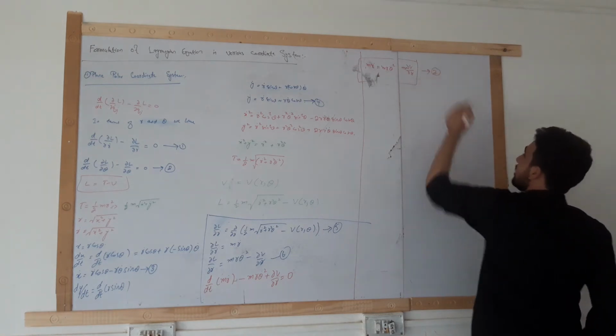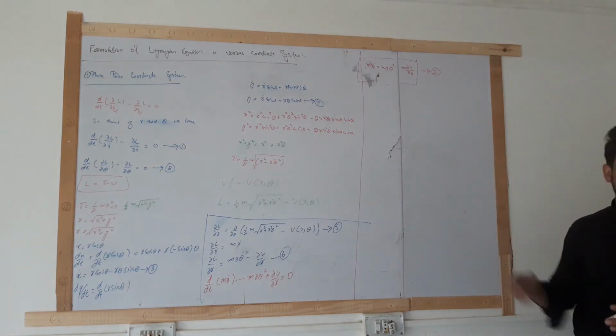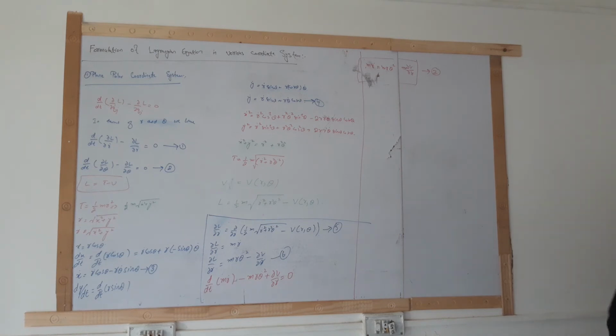Equation 7 is the transformation of the Lagrangian equation in terms of the polar coordinate r, that is the radial component of the polar coordinates.